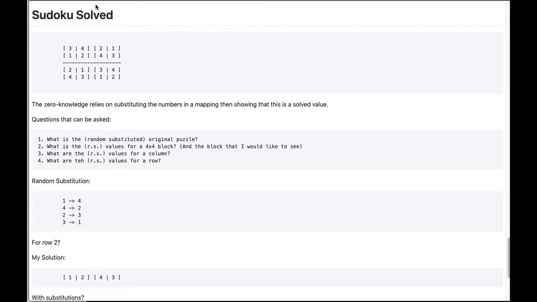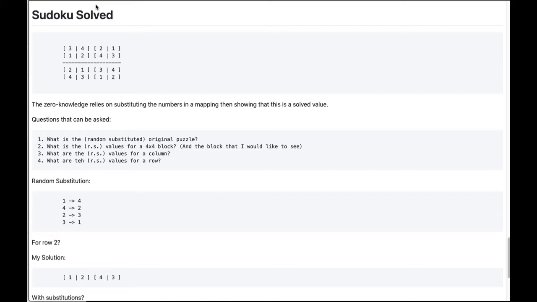Every time they ask, we do another random substitution, and we give them back the answer. Each time they ask, it demonstrates a little bit more that we have a solution to the problem. Each answer helps prove that we have a solution. In and of itself, it doesn't prove too much, but over a repeated set, it proves it.